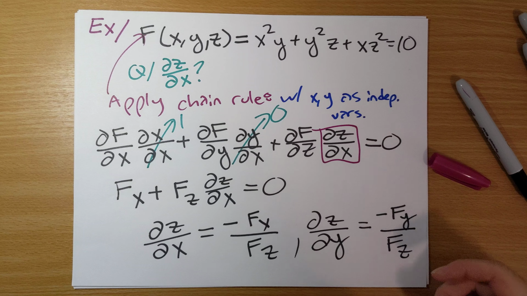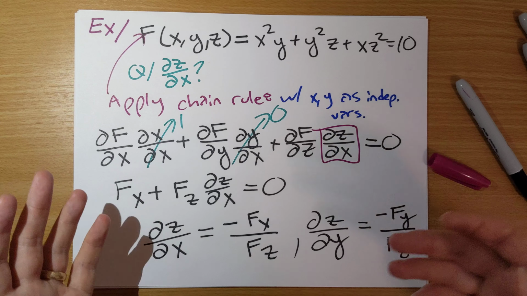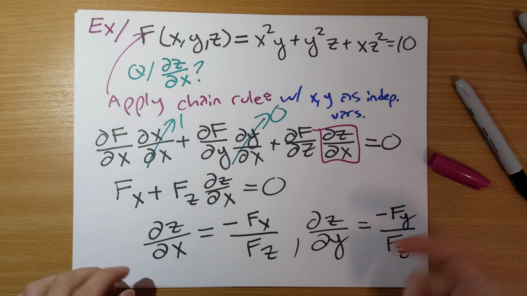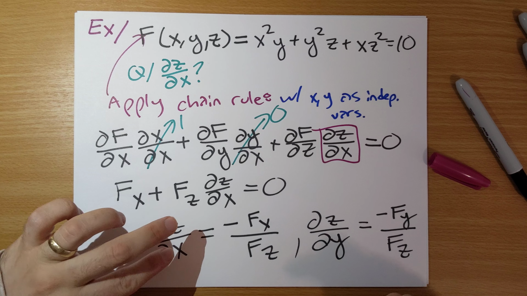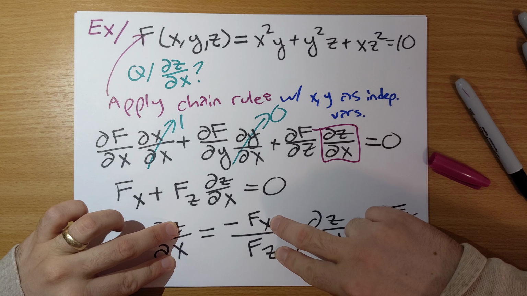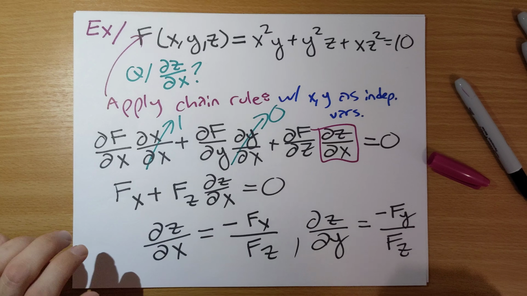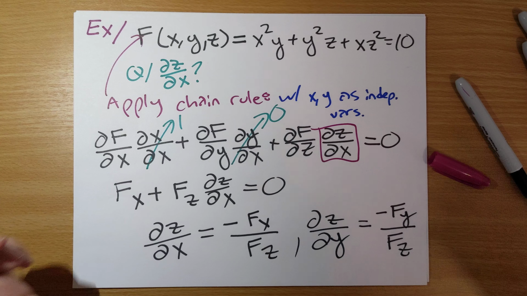And if for some reason you want to think of x as a function of y and z, just make the appropriate changes. So the formula here is that we have z and x, these go over here, they get flipped upside down, and you throw in a negative sign.